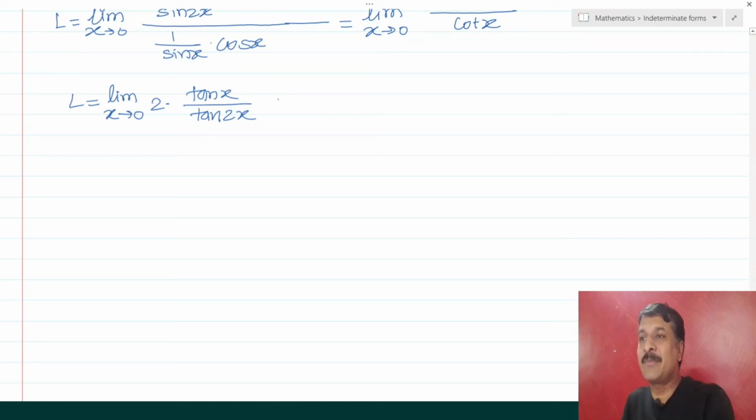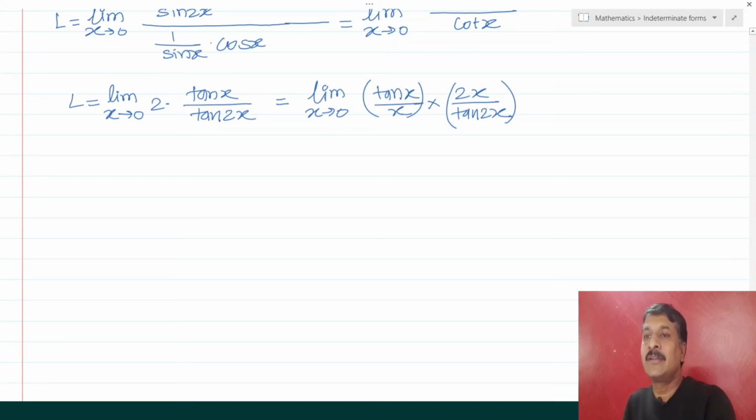So what is that? See the adjustment now. Note this adjustment. That is equal to limit x tends to 0, tan x by x into 2x upon tan 2x. So I can consider this as one thing and this as another thing. So x and x multiply and divide.